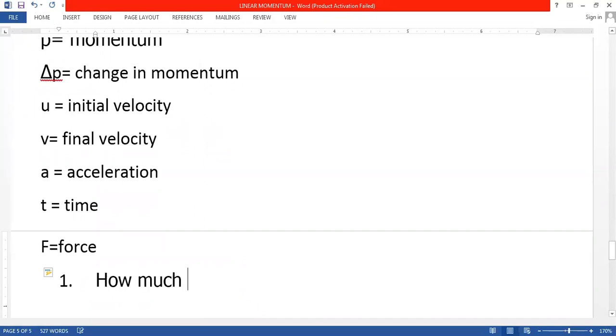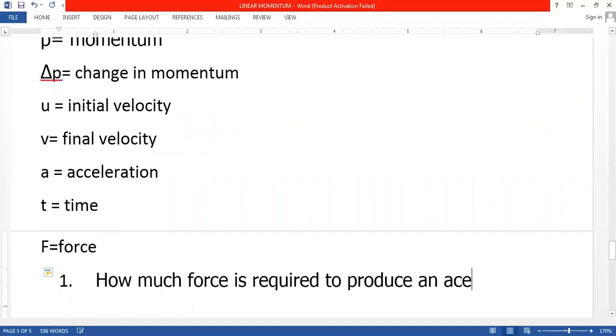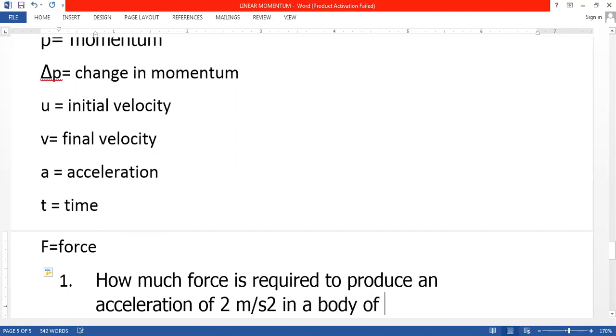How much force is required to produce an acceleration of 2 meter per second square in a body of mass 0.8 kg. Start writing.